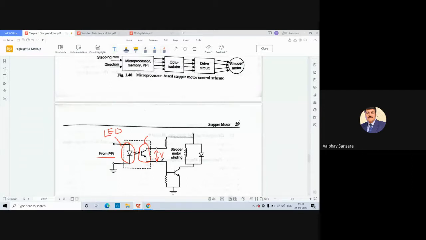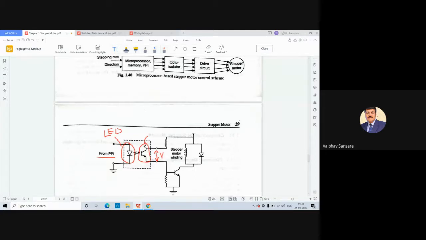Whatever control signal is there, that control signal is transmitted in the form of light. The light beam generated by this LED is proportional to the control voltage generated by the PPI, and this light beam falls on this photodiode. Here, this is not the symbol of a photodiode.